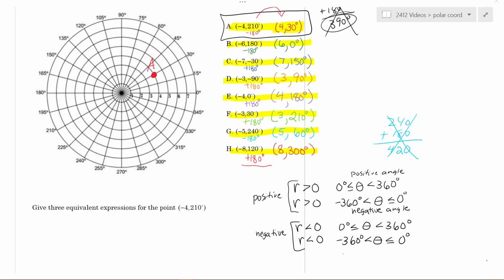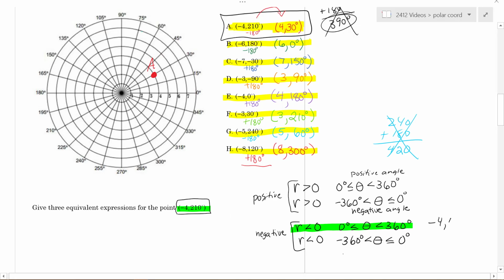Alright, so what category does the given point fit into? This is the point we're given. Which of these 4 categories does this point fit into? It has a negative R value and it has a positive angle. So that representation is going to fit into this category here. It has a negative R value and a positive angle. So I'm going to write that right beside that category.